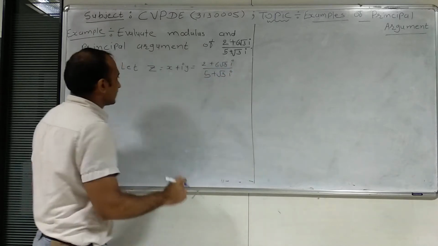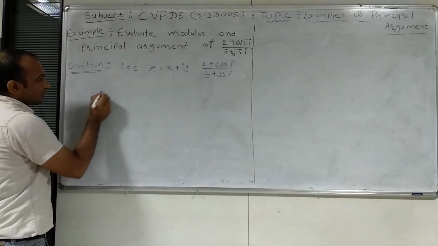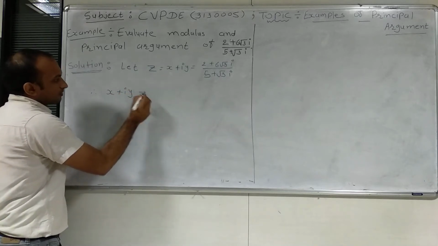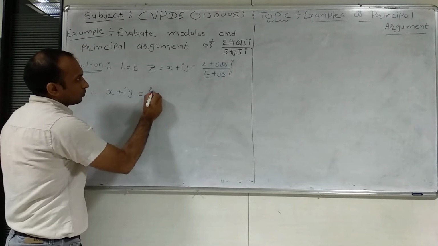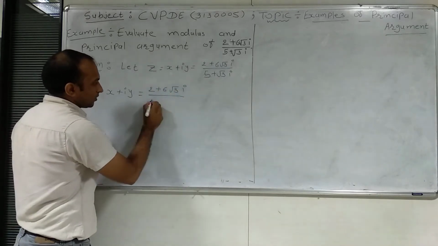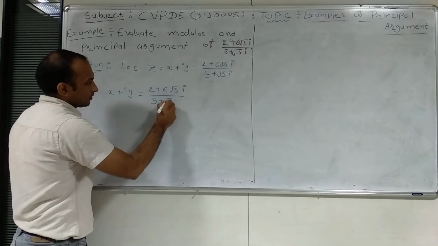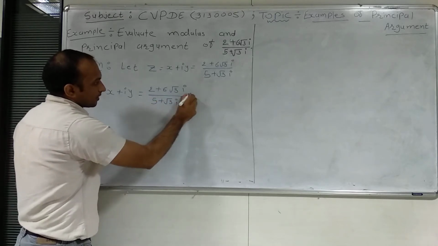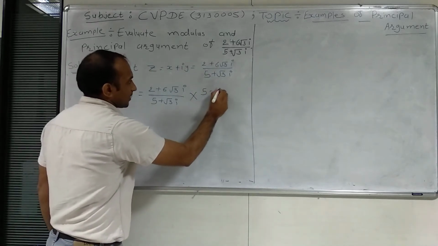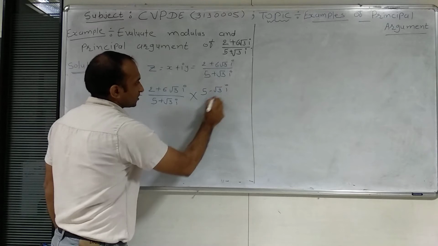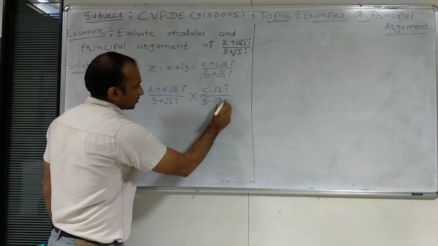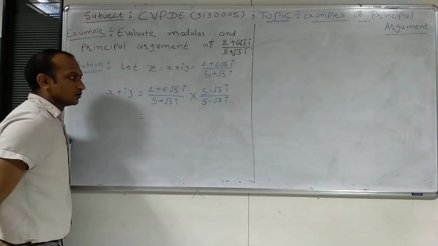So x plus iy equals 2 plus 6 root 3 i upon 5 plus root 3 i, into 5 minus root 3 i upon 5 minus root 3 i.